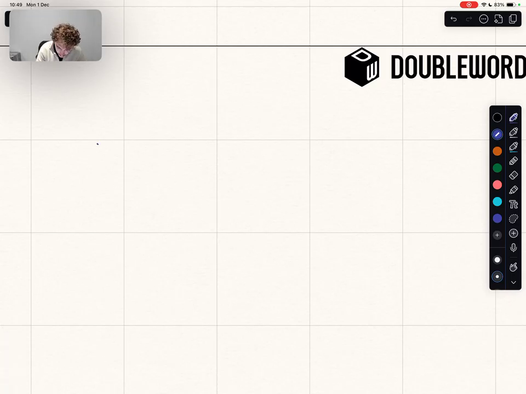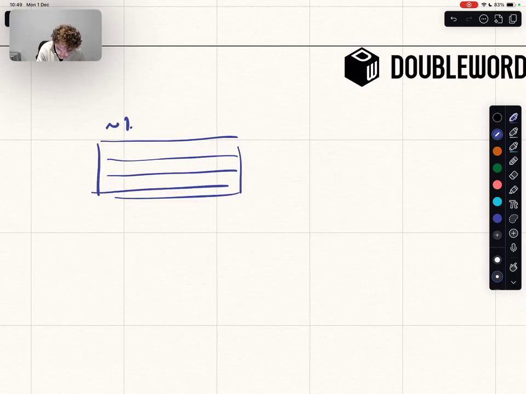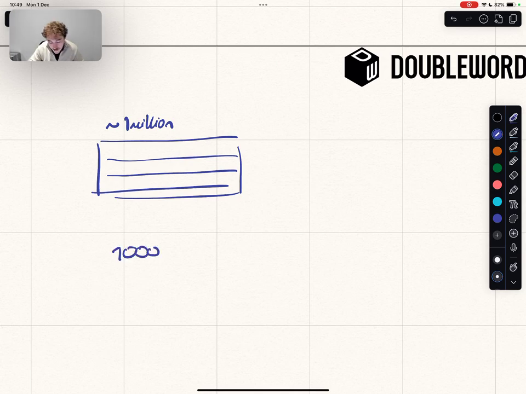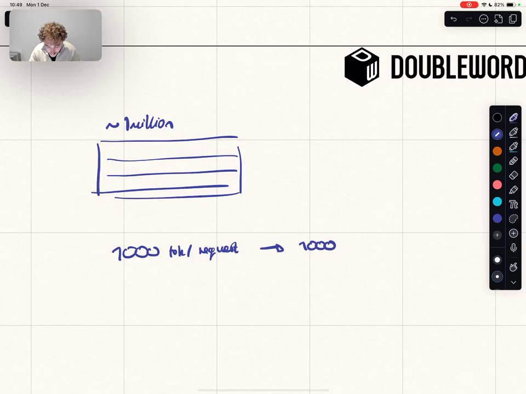We've talked about KV caches a lot in these videos. If my KV cache can fit, let's say, 1 million tokens, and I have a request that takes 1,000 tokens input and output, so it's 500 in, 500 out, let's say, or 800 in, 200 out, something like that, then I can fit 1,000 requests in my KV cache and can run 1,000 requests simultaneously.